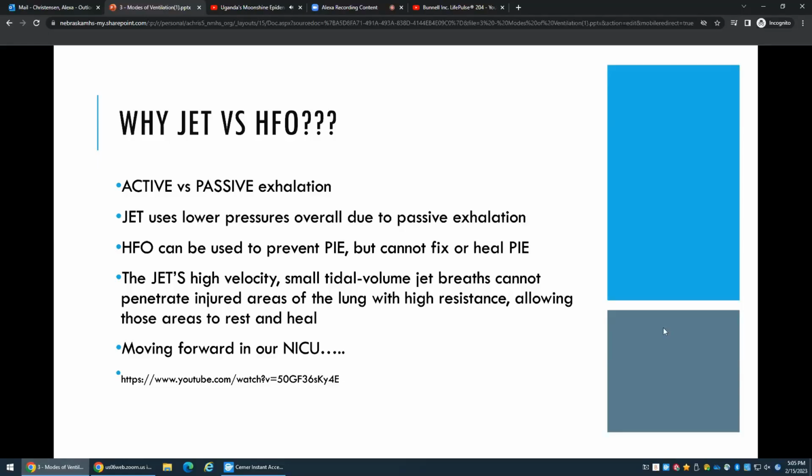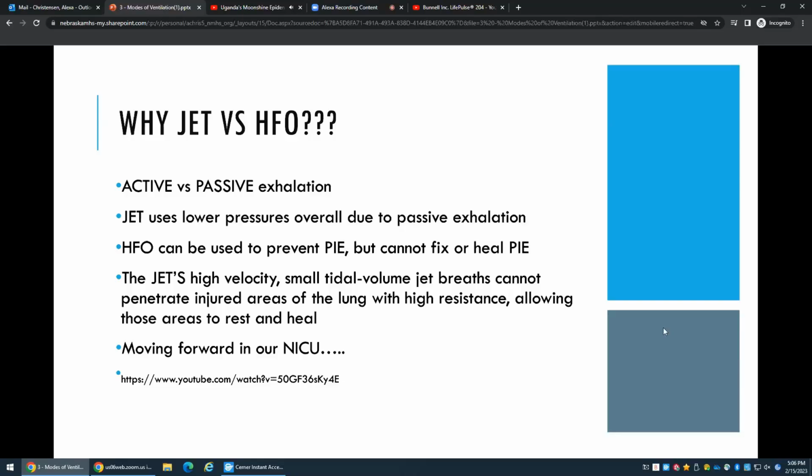Also, the oscillator can be used to prevent PIE, but it cannot fix or heal PIE. The jet, if it's used correctly, can actually fix and heal a baby's pulmonary interstitial emphysema. It can heal their lung damage.